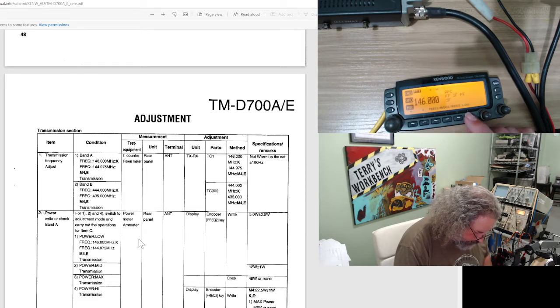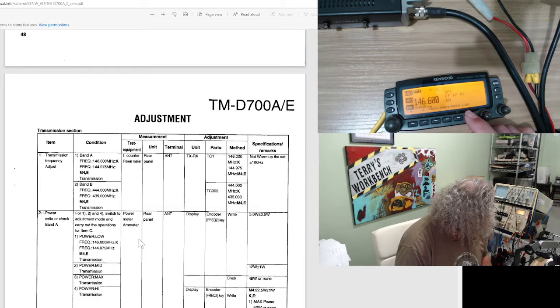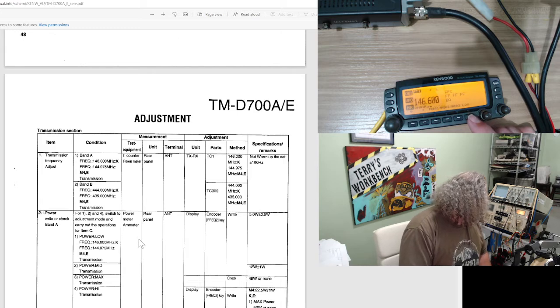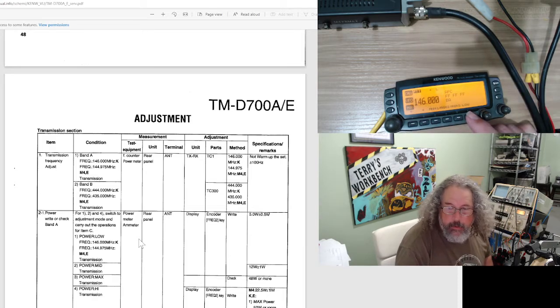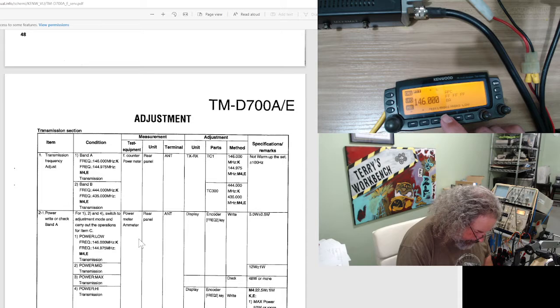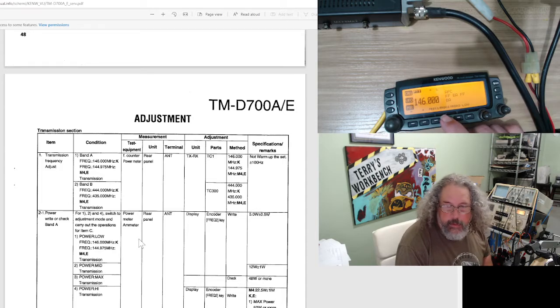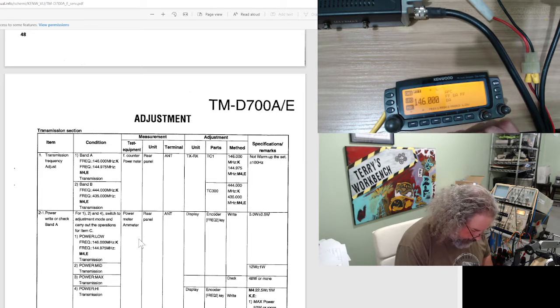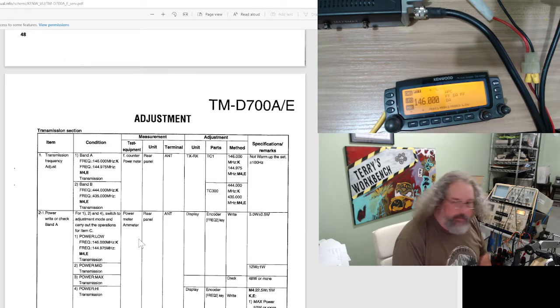Oh, now I see. Now I see. That's 5 watts. Yes, that's 5 watts right there. Okay.